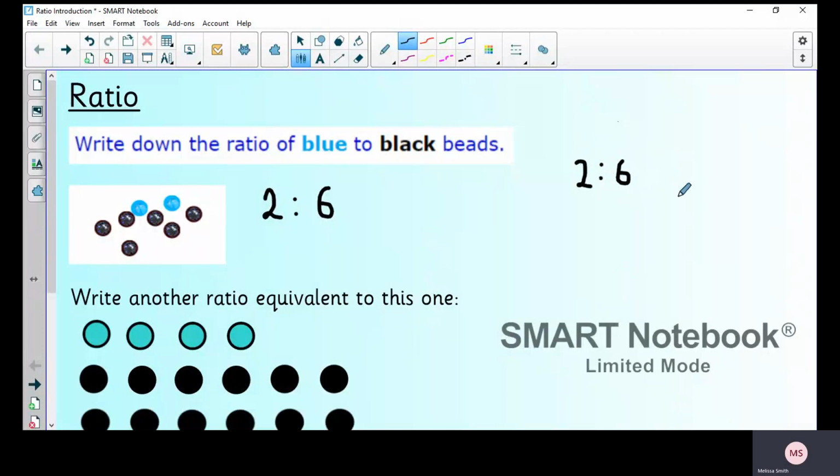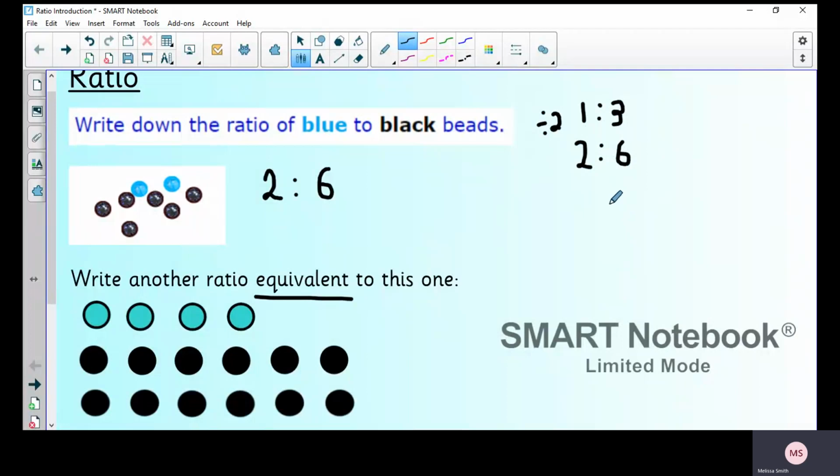So is there a common factor of 2 and 6? 2. So 2 divided by 2 is 1. 6 divided by 2, 3. So I have just found there an equivalent ratio. 2 blue beads to 6 black beads is equivalent to every 1 blue bead, there's 3 black beads. So right there, we've scaled the ratio down.